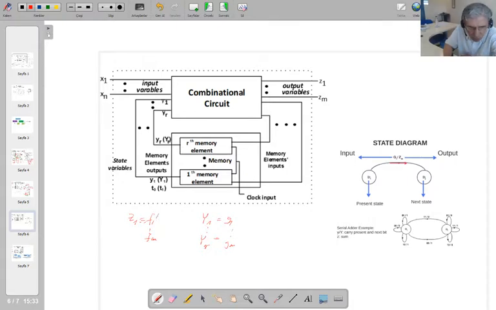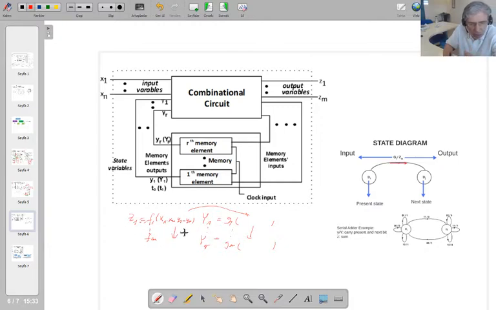The variables are going to be x1 to xn, small y1 to yn. So similar thing goes here. So this is the mathematical model of a sequential circuit like that.